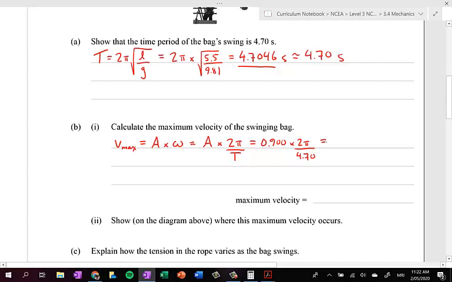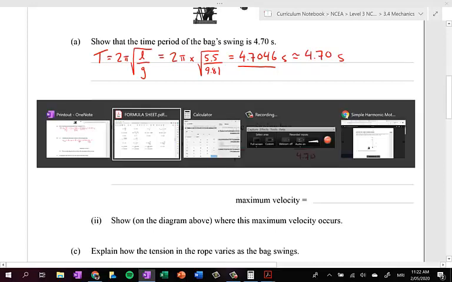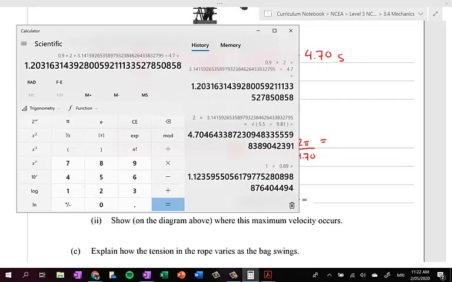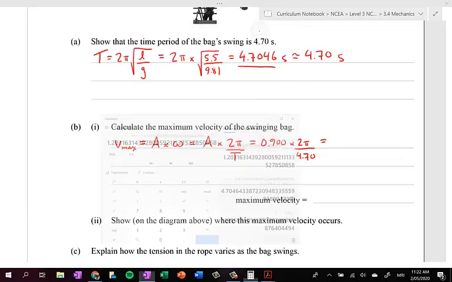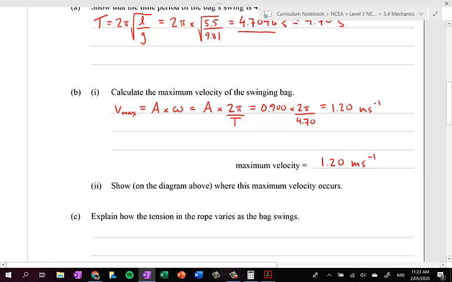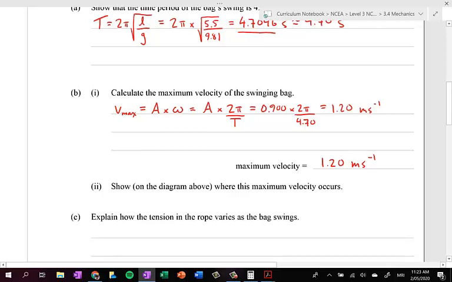So that gives us a maximum velocity of 0.9 times 2 times pi divided by 4.7, which is 1.20 meters per second. So the maximum velocity is 1.20 meters per second.